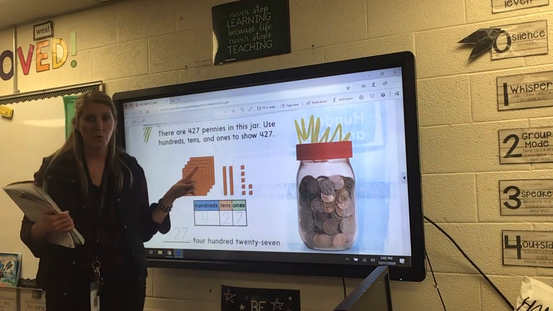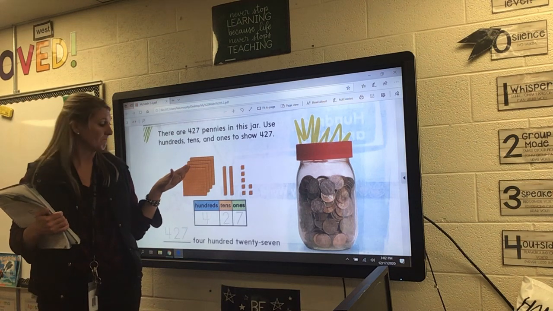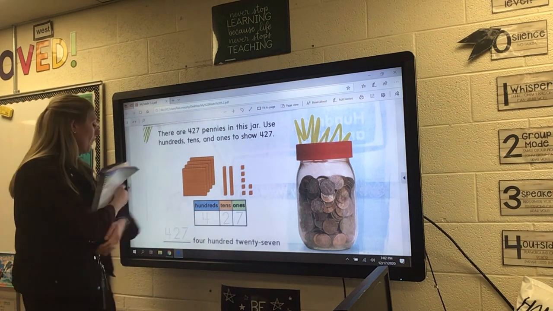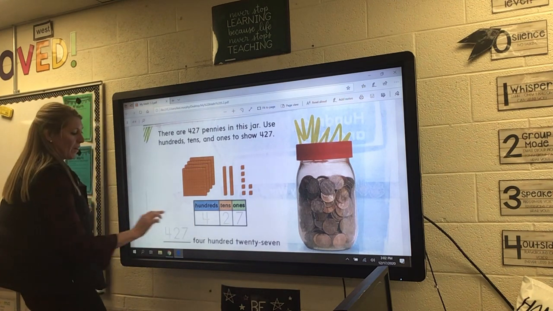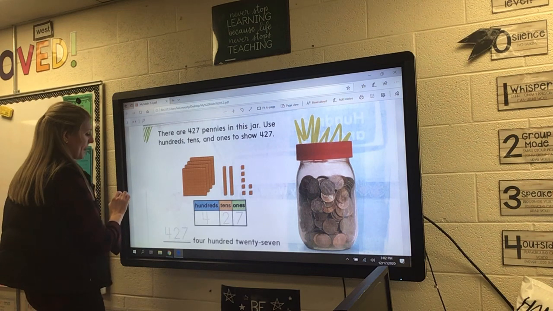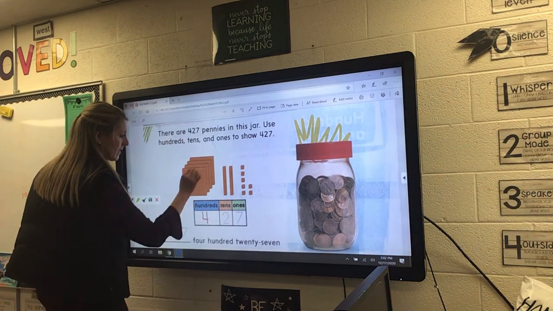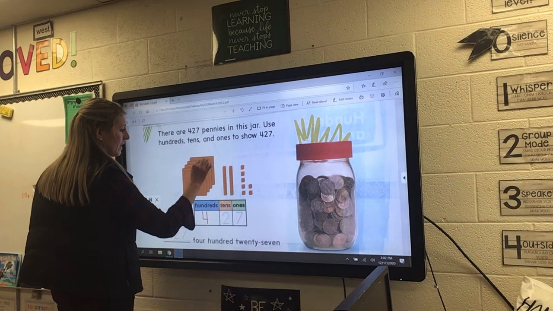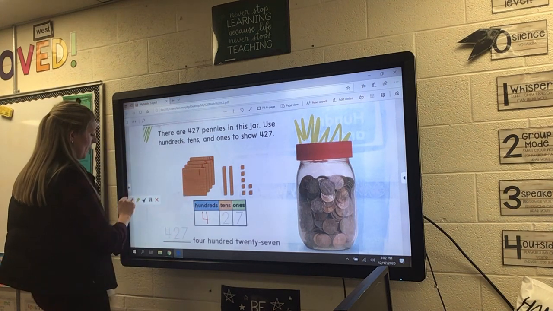So to represent 400, we have the 4 flats, the squares. And then we put the 4, go ahead and trace it right here in the place value house. So 400, and then we have 20. I know these are kind of hard to see, but there's 1, 2, 3, 4, okay?